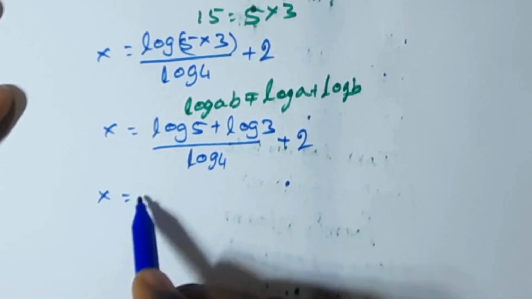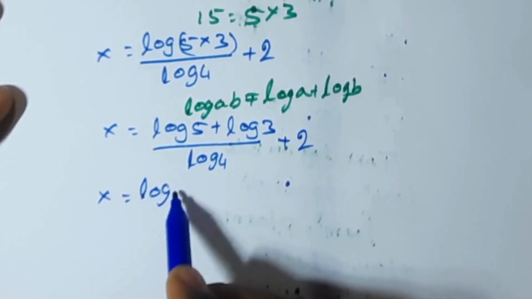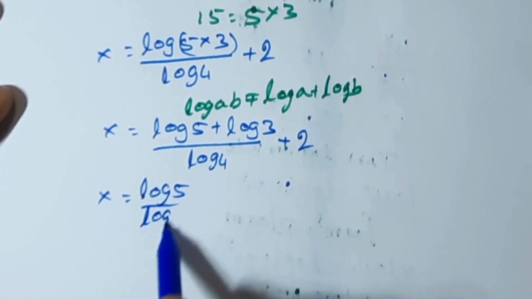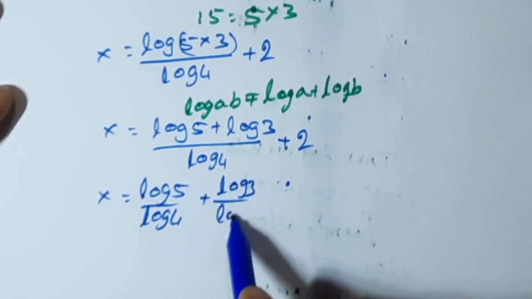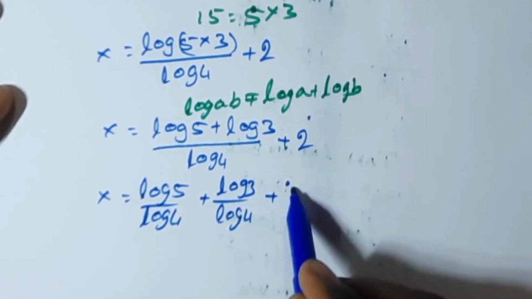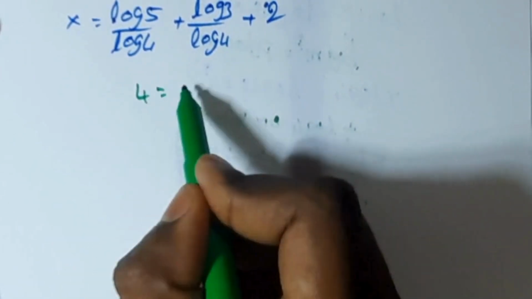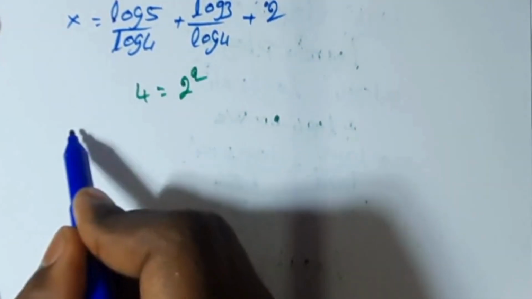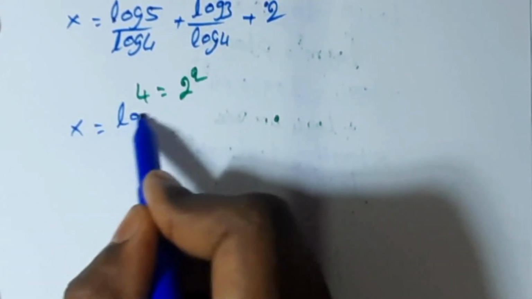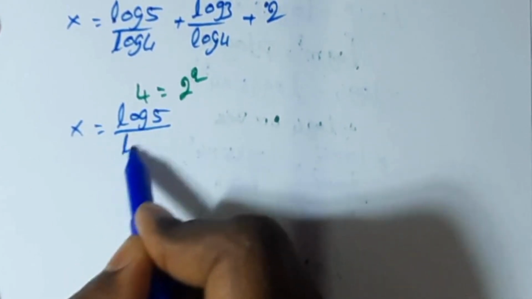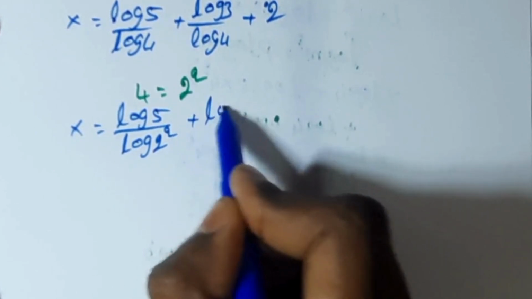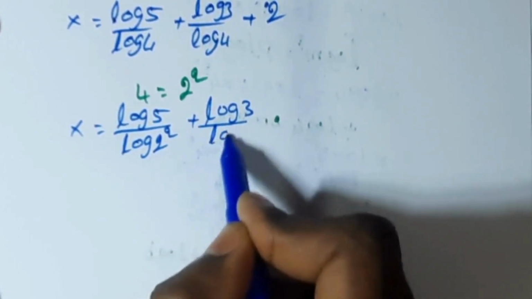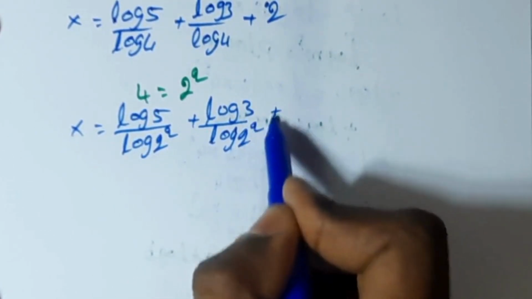Now x equal to log 5 by log 4 plus log 3 by log 4 plus 2. 4 can be written as 2 square. Now x equal to log 5 by log 2 square plus log 3 by log 2 square plus 2.